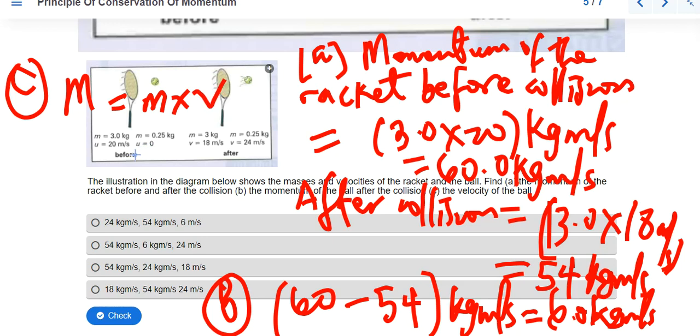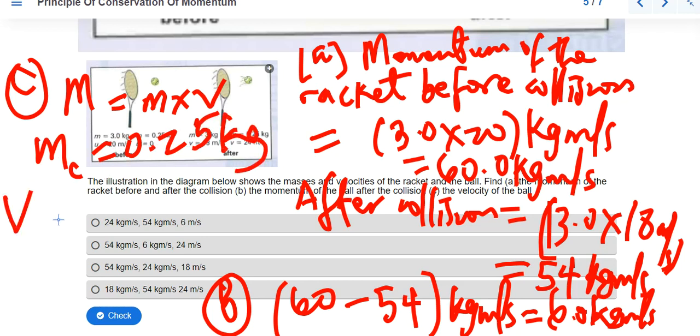Now that we have the momentum to be 6 kilogram meter per second, and the mass after the collision is 0.25 kilogram, we are to look for the velocity associated with the ball.